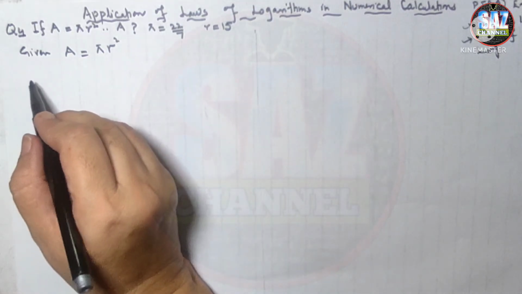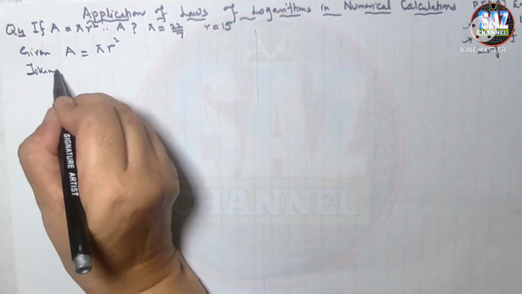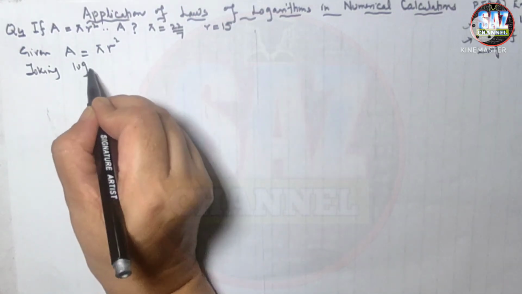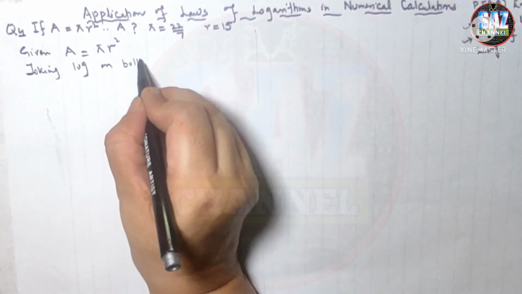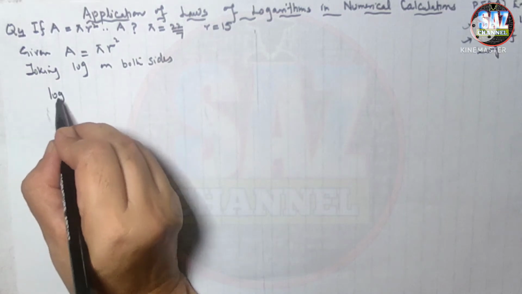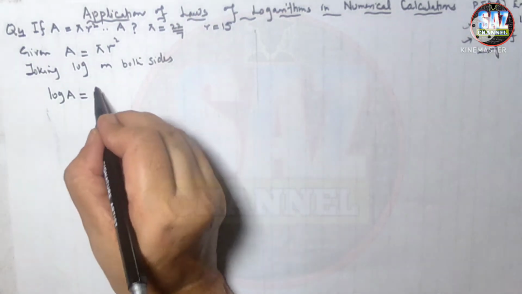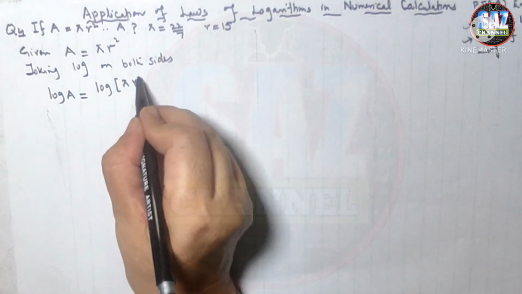I am going to apply the laws first, taking log on both sides. Log of A will be equal to what? Log of pi r square.